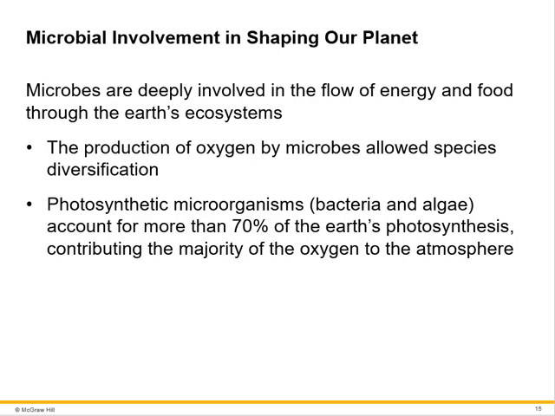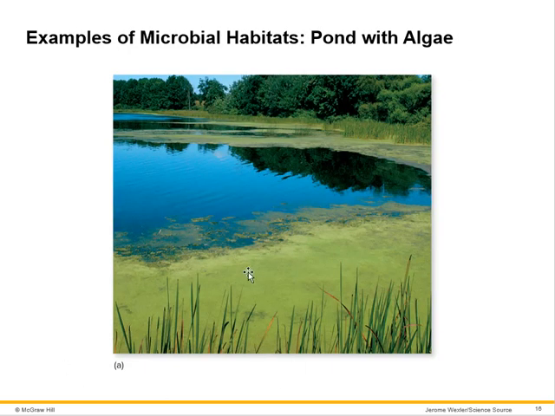One of the things they talk about in the video that I was referencing earlier is what would happen. People would not be able to breathe because there wouldn't be enough oxygen, and that's a huge thing. You can see this lovely pond habitat with a mat of algae growing there, doing a lot of photosynthesis and producing a lot of oxygen.